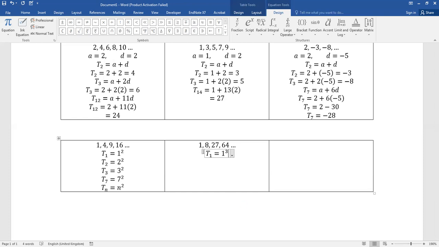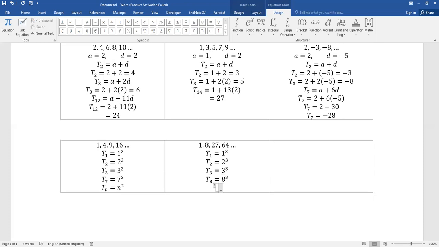The first term is the cube of 1, the second term is the cube of 2, the third term is the cube of 3. Similarly, the 8th term will be the cube of 8, and the nth term will be the cube of n.